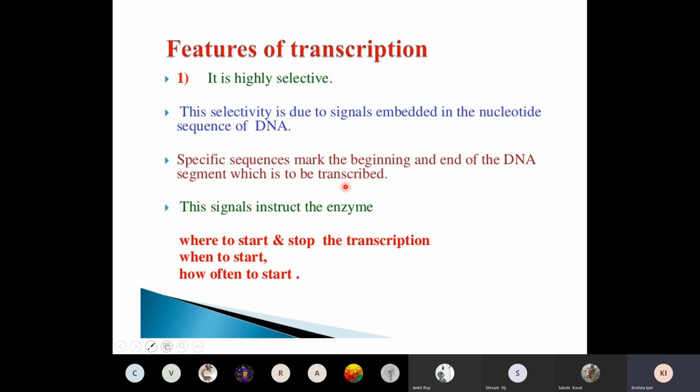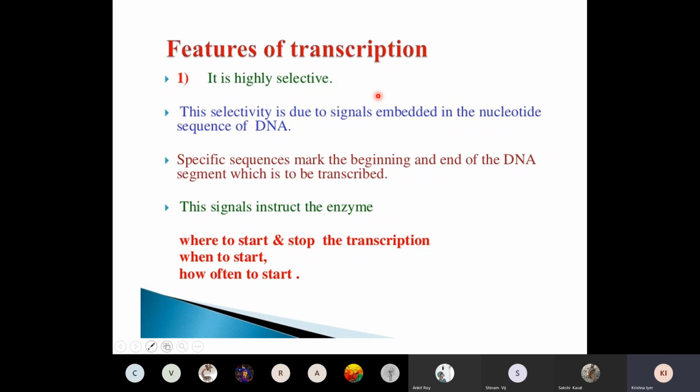There are signals which tell the machinery that does the transcription, your RNA polymerase and all the other required factors, where to start and where to end.